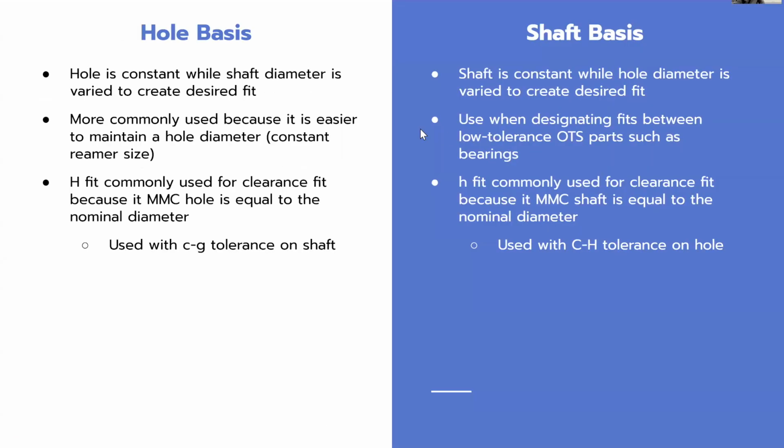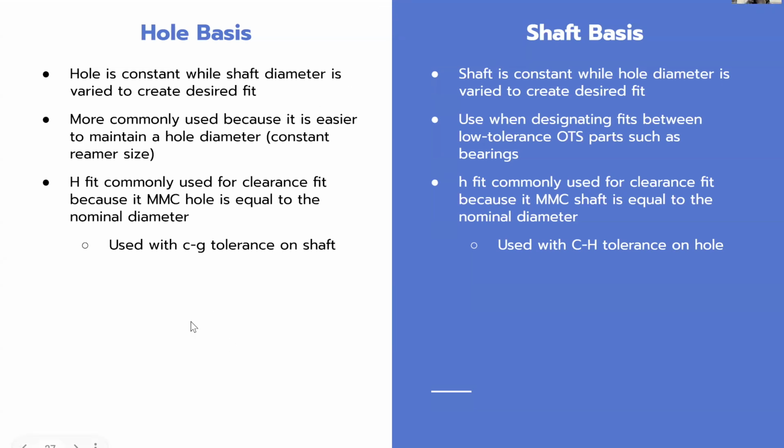There's two different bases for these, hole basis and shaft basis. Hole basis is where you have a constant hole and you're changing the size of your shaft. So if you have an off-the-shelf part that you know the diameter of, like if I was choosing a bearing, and I know the hole size I'm going into exactly, and I want this to have a little bit of a press fit, I'll choose a C blank.